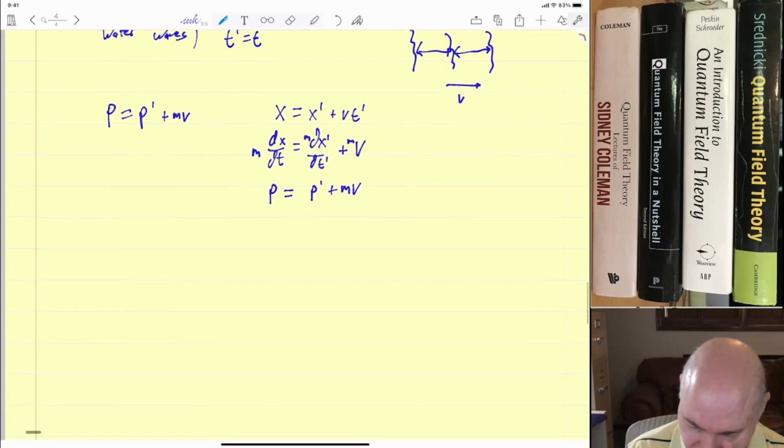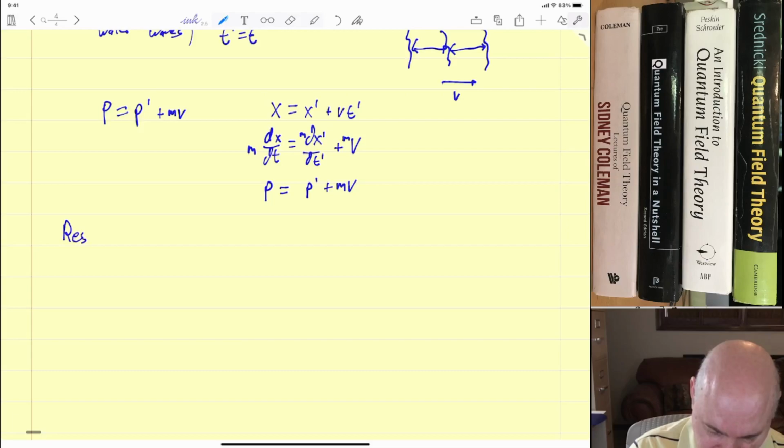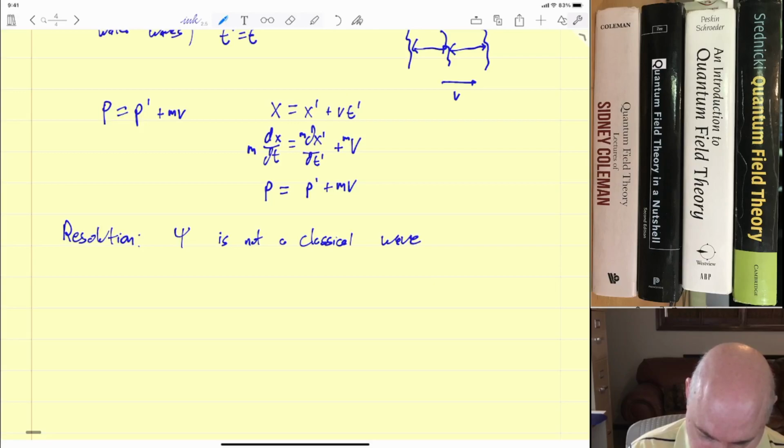So there is a resolution to this, and the resolution is simply that psi is not a classical wave. As a matter of fact, we saw that the amplitude changes. It has a phase factor and everything. So I want to show you right now how everything remains good.